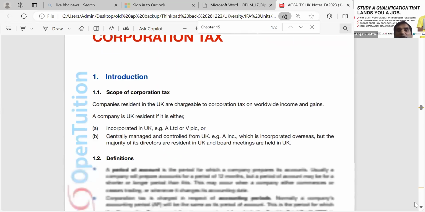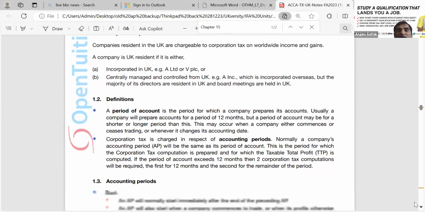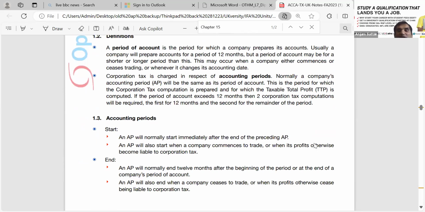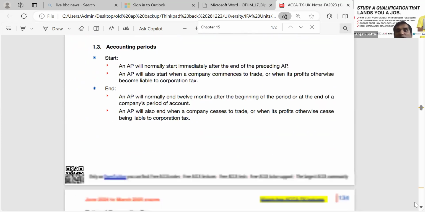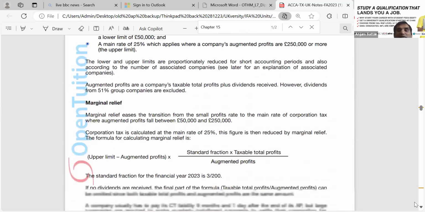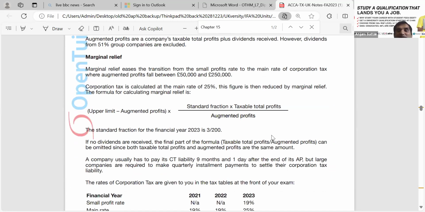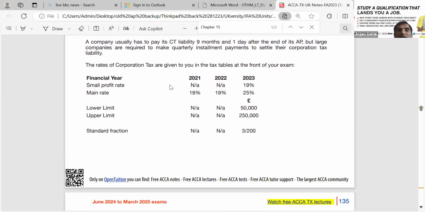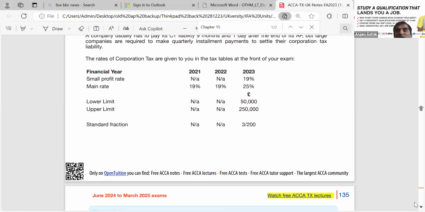We can look at the scope of corporation tax, the qualifying period, and total taxable profit, TTP, which we can calculate, and we've been given some examples and rates which we can apply. The marginal relief formula, as we discussed earlier, can be used. You will see here the rates we've been given, the upper and lower limits and the variation.